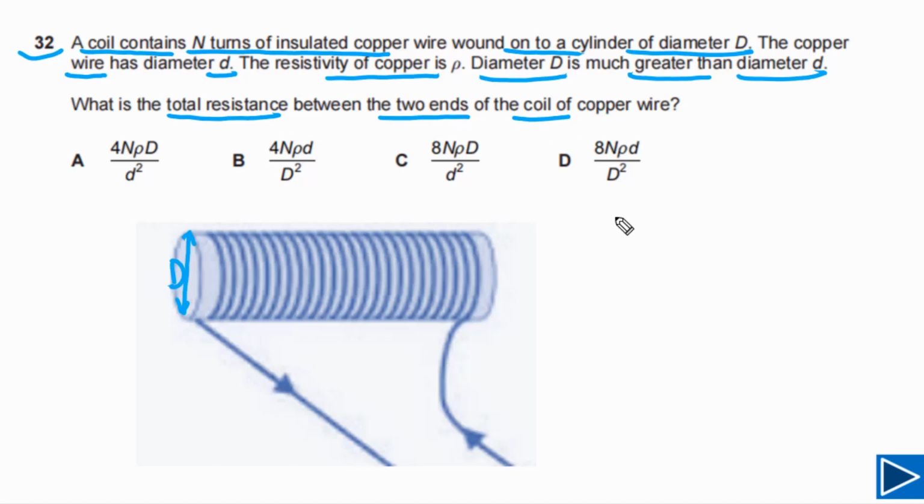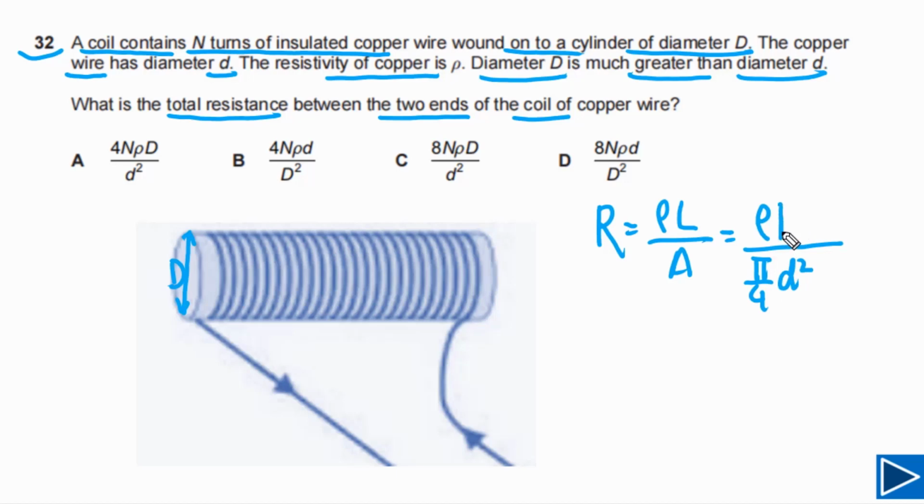So it is a very straightforward question. We can simply calculate R equal to rho L by A. The resistivity of the copper wire is given, so this is the resistivity. The cross-sectional area of the wire we can find out. That will be equal to pi by 4 times small d squared, because this is the diameter of the wire.